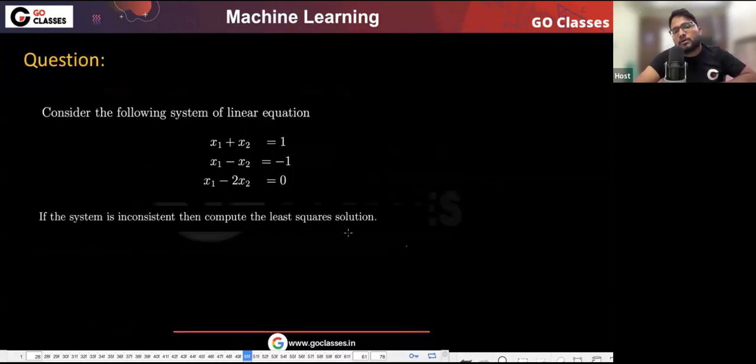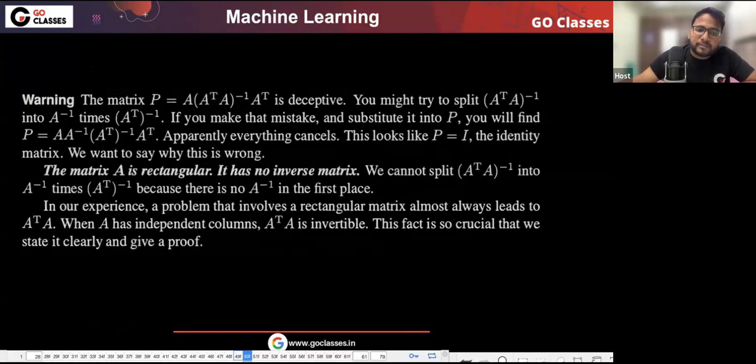Now let's come back to our case and solve for the least squares solution. Basically, what we wanted to do was solve for Ax equal to b. Ultimately, let me just conclude.